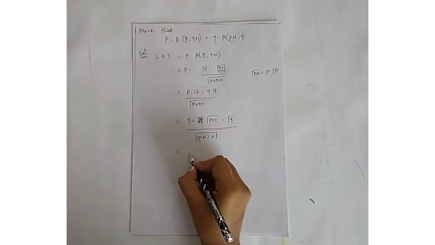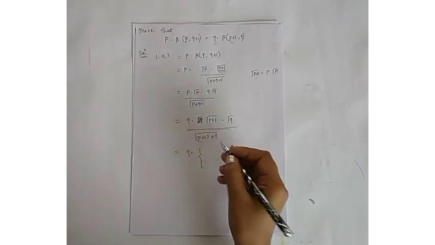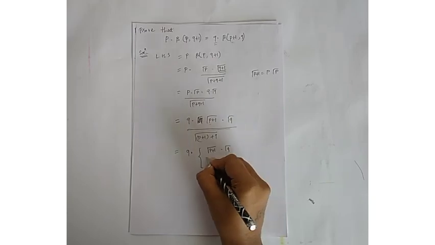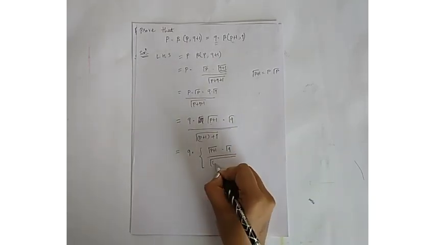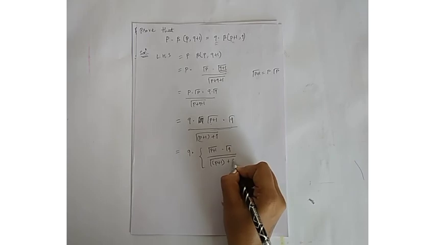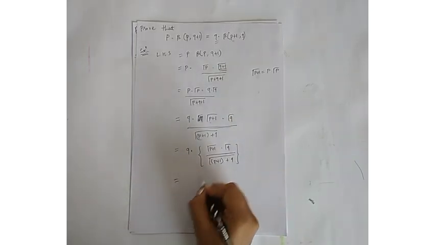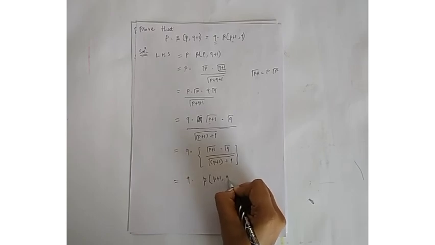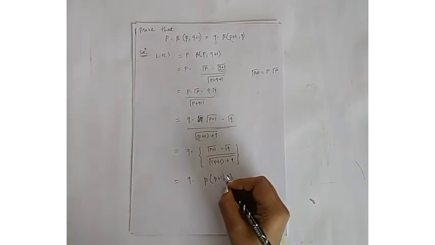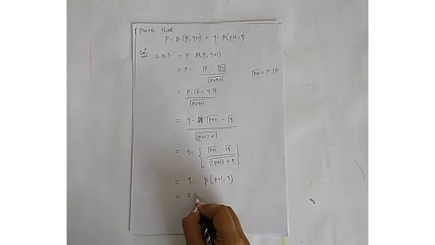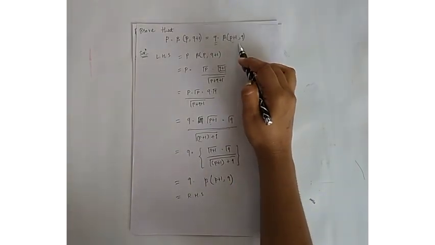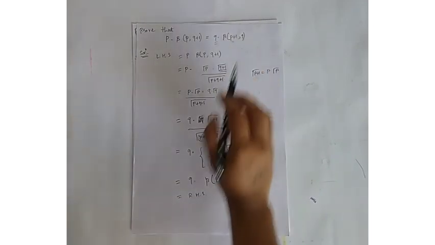So it is equal to q into gamma p plus 1 into gamma q upon gamma p plus 1 plus q. This is the relation for beta p plus 1, q. So hence this is my right hand side, that is q into beta p plus 1, q. Hence the proof.